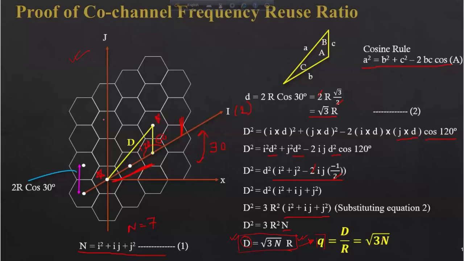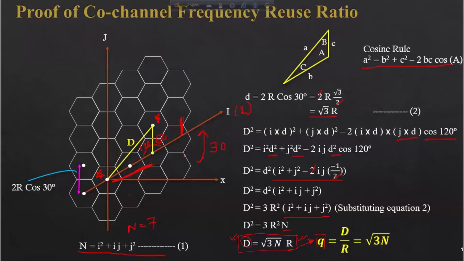So we are going to focus on this figure. In this figure, you can see there are different numbers of hexagonal cells. Each of these is a cell, and the shape of these cells is hexagonal.